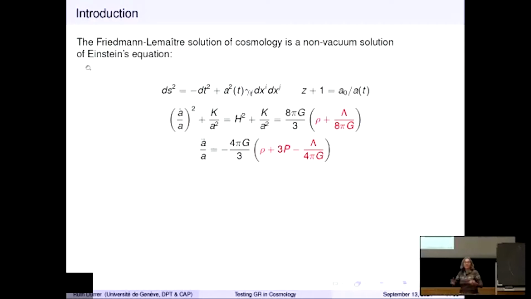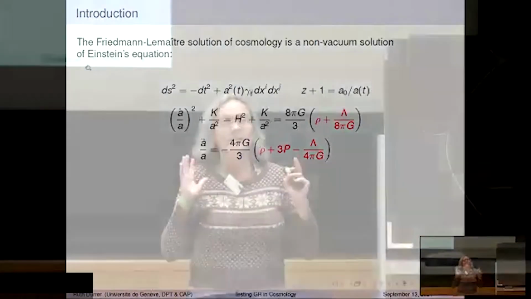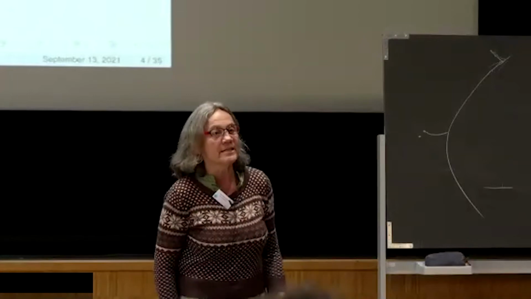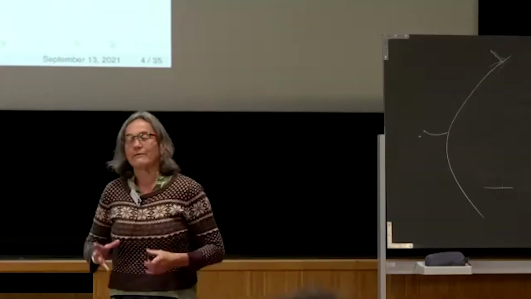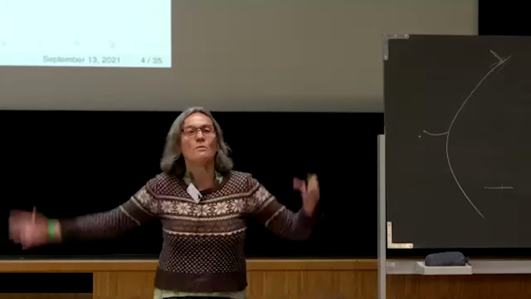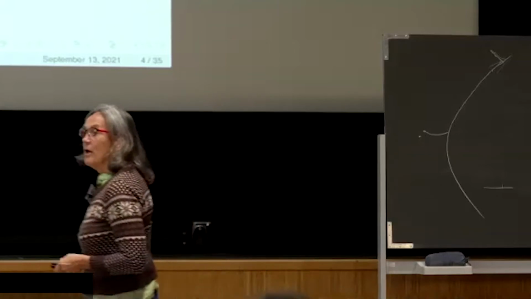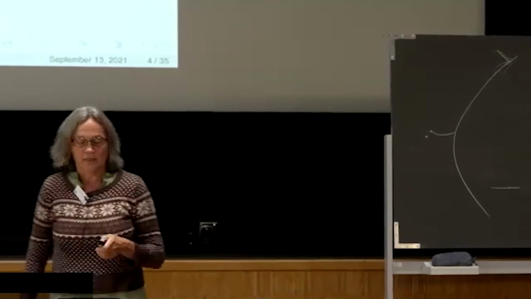I put it here because you will see for most of the rest of the talk that this cosmological constant is actually very relevant in cosmology. It's completely irrelevant if you want to describe the metric in the vicinity of the solar system, because the gravitational field due to the sun is so much larger than this cosmological constant that you can just set it to 0. But in cosmology, it's very relevant.